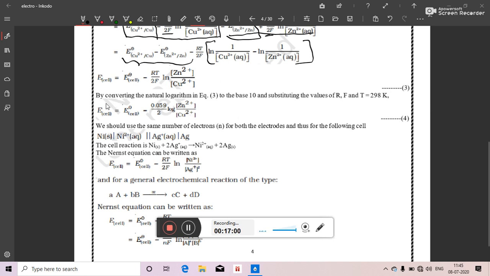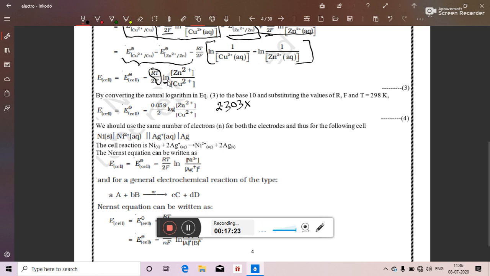Now by converting the natural log into simple log in equation number 3, if you convert natural log into simple log, you have to multiply with 2.303, and then we are remaining with RT upon nF.